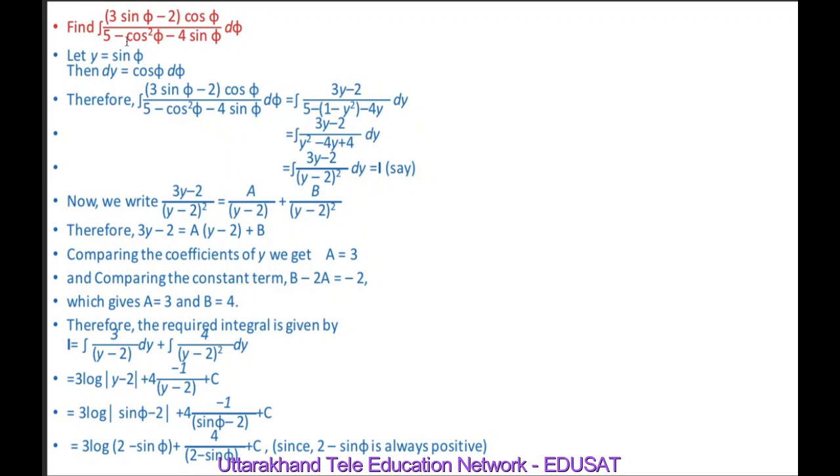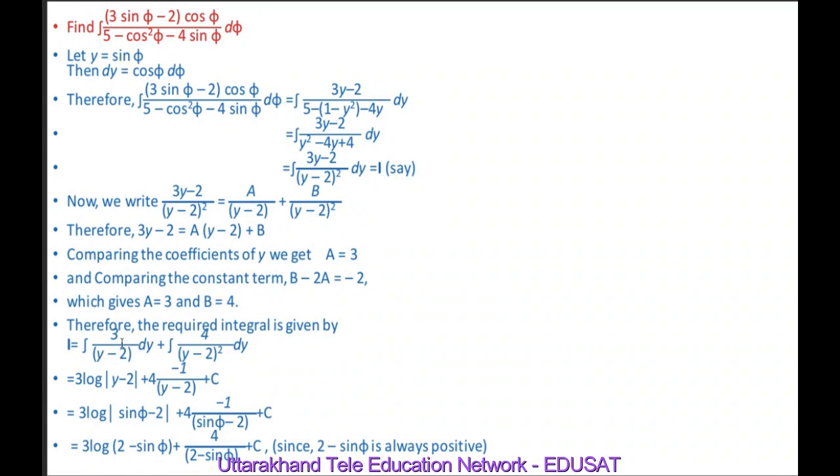So our given integral, which we obtained on substituting y equal to sin phi, becomes I equal to the integral of 3 upon y minus 2 dy plus 4 upon (y minus 2) whole square dy, because a is 3, b is 4.